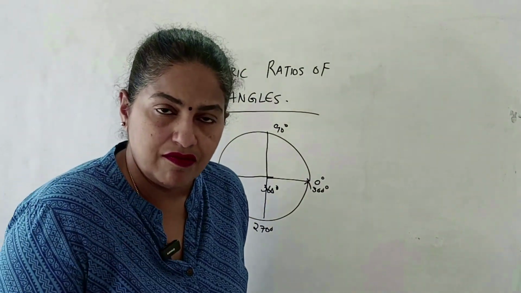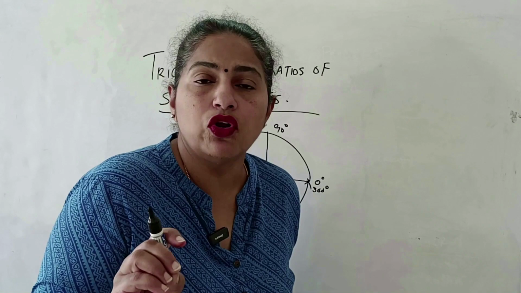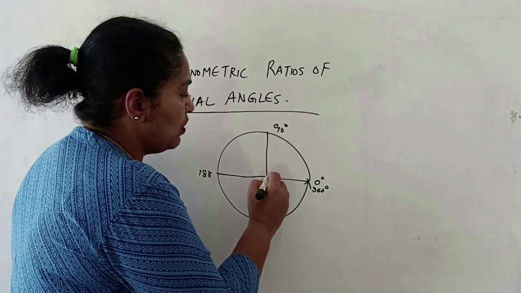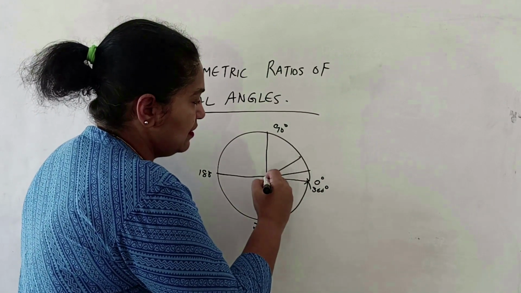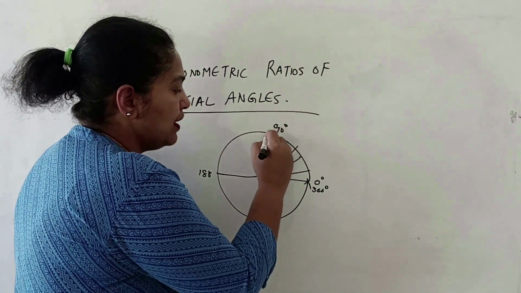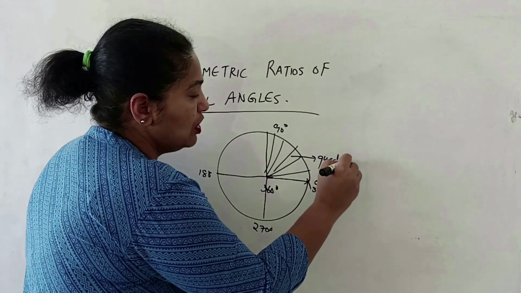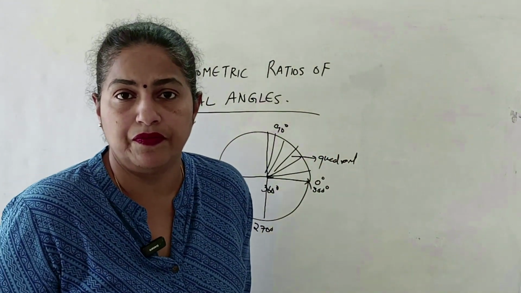As I told earlier, we are now talking only about acute angles. So what is an acute angle? Below 90 degrees. So we are only talking about angles in this particular part, which is a quadrant of a circle. We are talking only about the first quadrant of a circle.